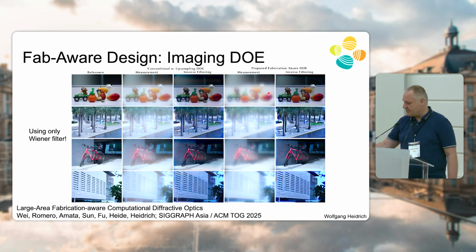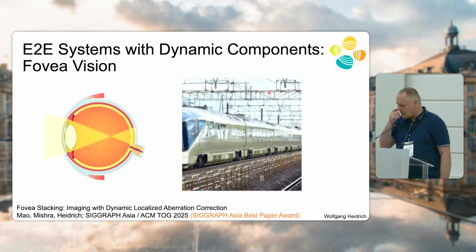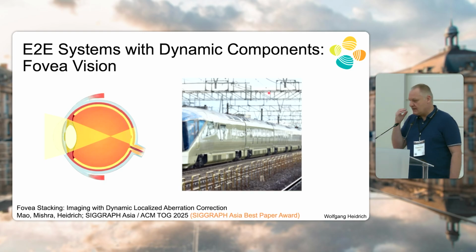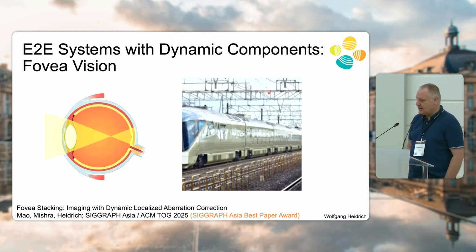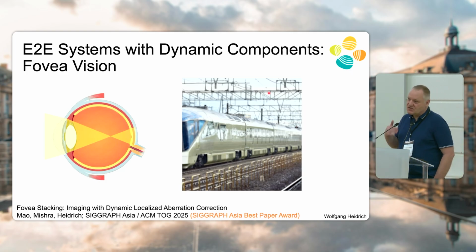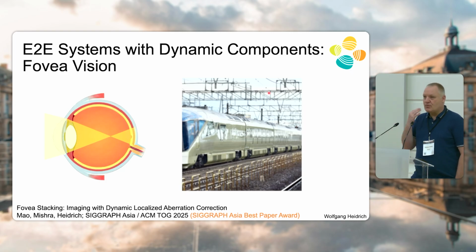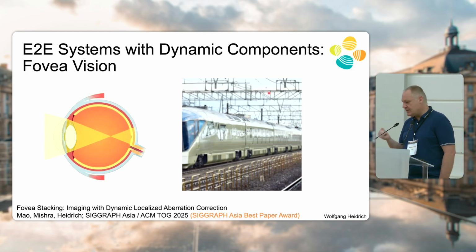So, the final thing I want to talk about in terms of past work is what I'm also interested in: how we can incorporate new types of evolving optical components in these kinds of imaging systems.